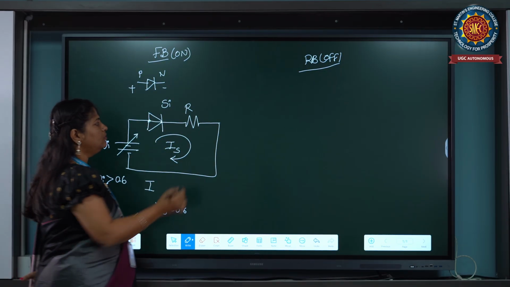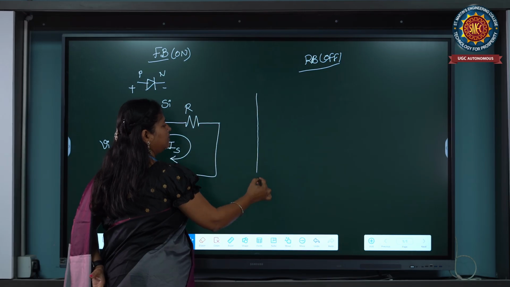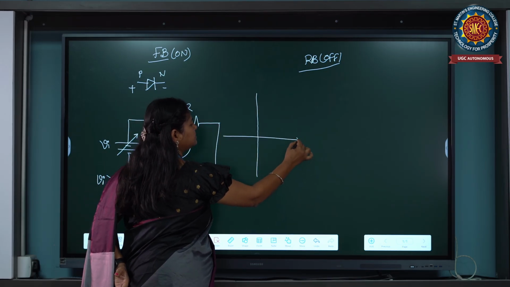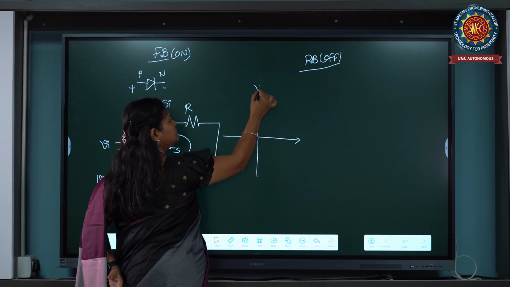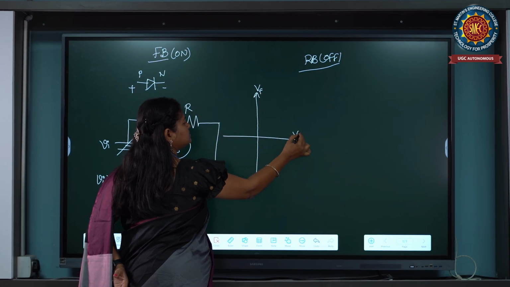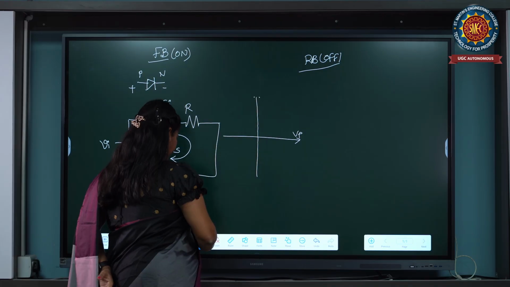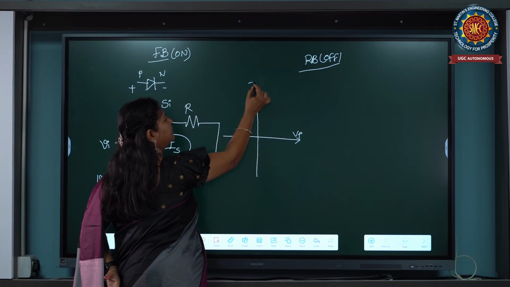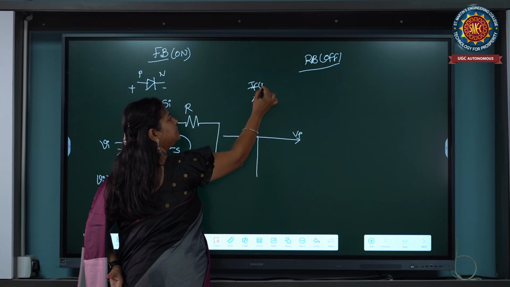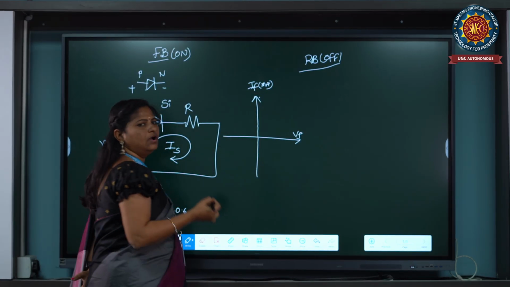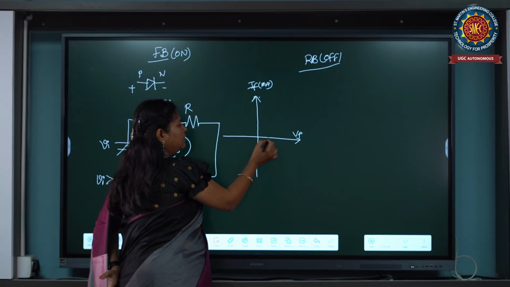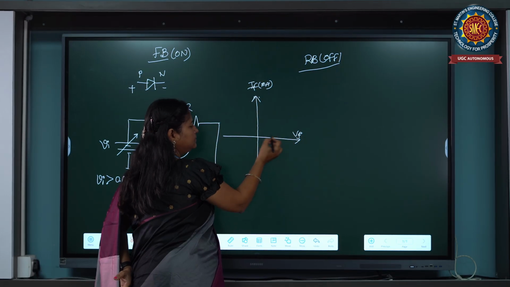Now let's see the V-I characteristics. This is the forward voltage and this is the forward current IF, in milliamps. I am varying the forward voltage, that is the battery voltage.